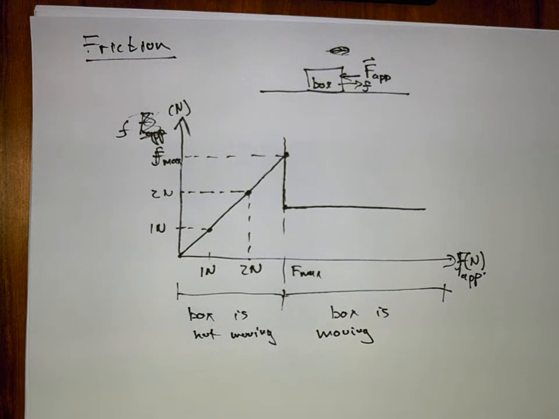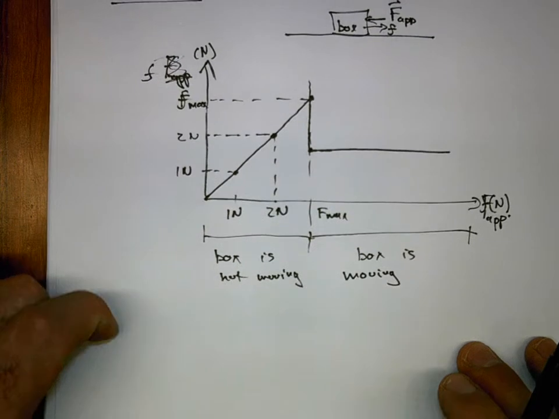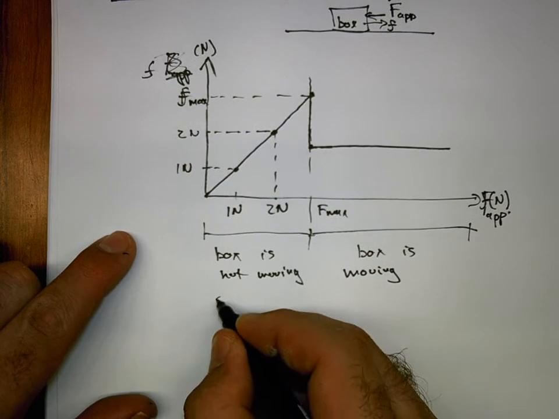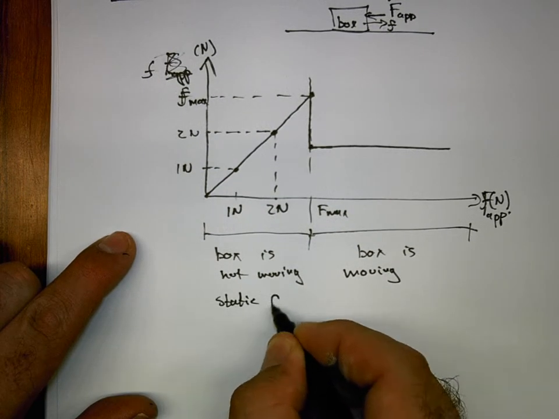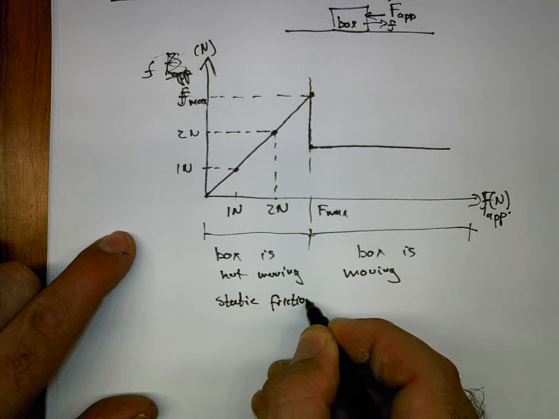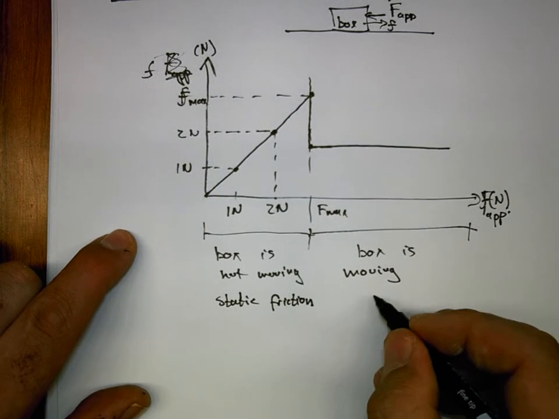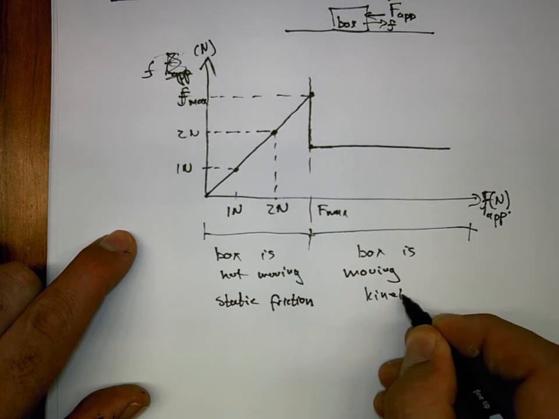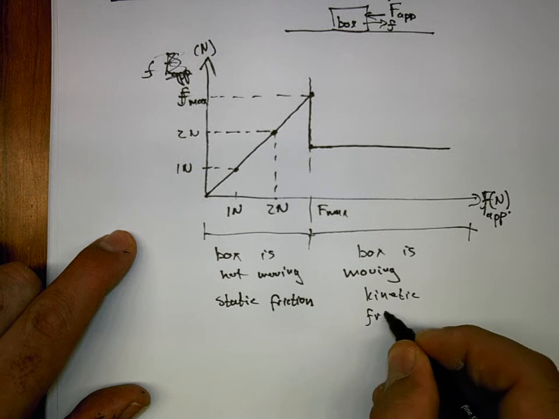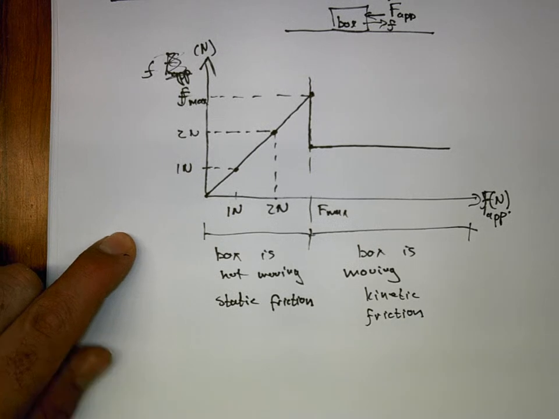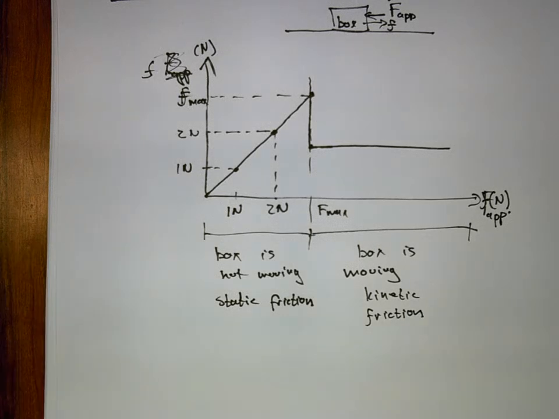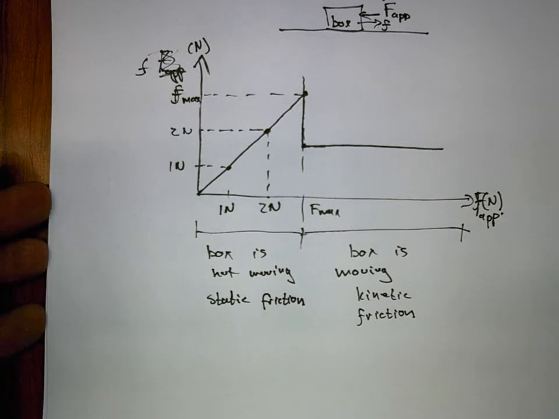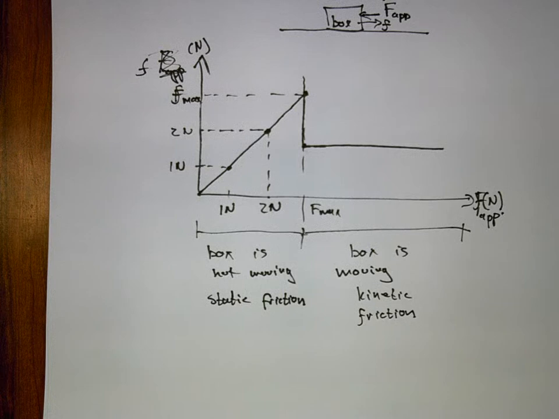And we're going to use this to define two types of friction. When the box is not moving, we will be talking about static friction. And when the box is moving, we will talk about kinetic friction. Now, if you've ever tried to move something, what would you rather do? Let's say someone asks you to just push a box full of papers from one point in a room to another.